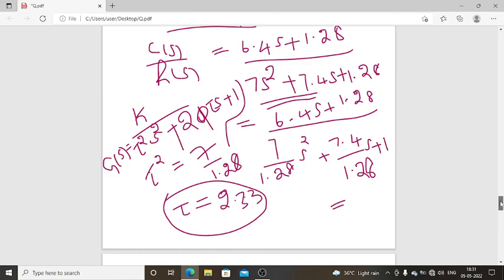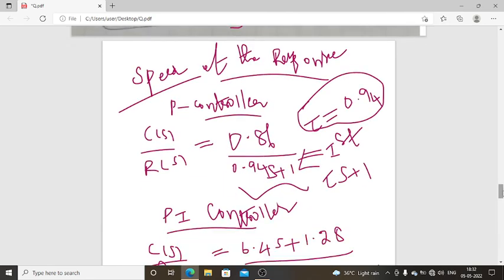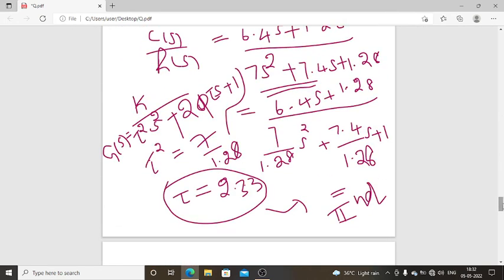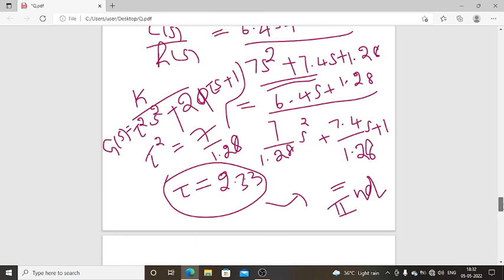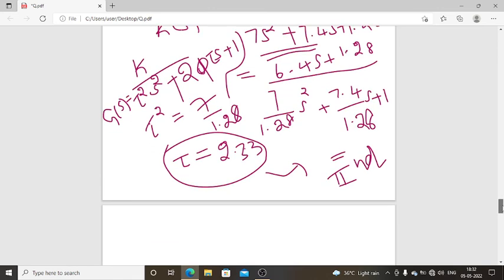Okay, so is this second order? Yes, this is a second order control system. For the speed of the response, the P controller tau value is 0.94, and for the PI controller, with the addition of integral action, the tau value is 2.33.